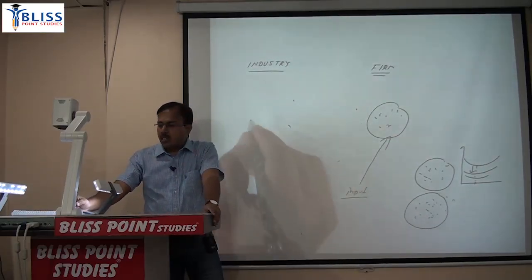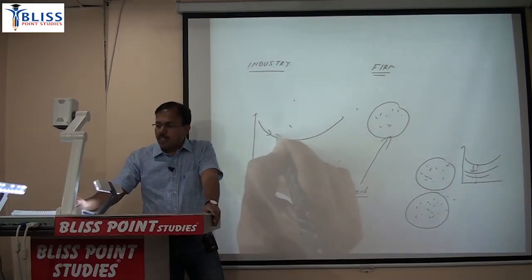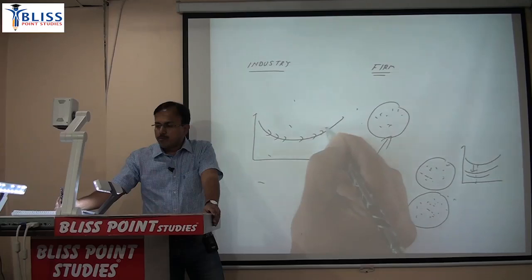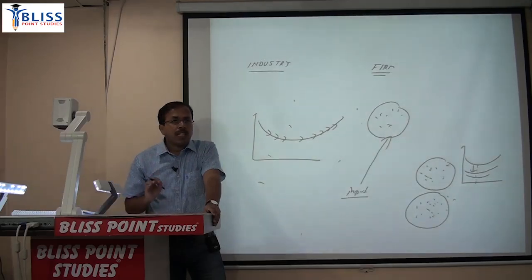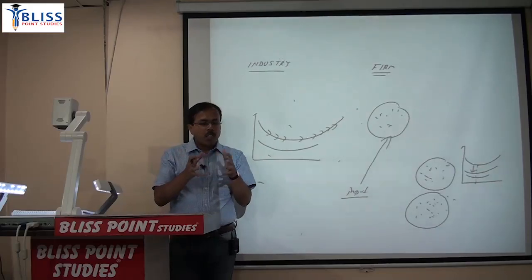When you just draw this curve, this is also economies, ये भी economies है, but it is internal, and when I shift it, it is external. Internal कब होता है? When size of firm expands.